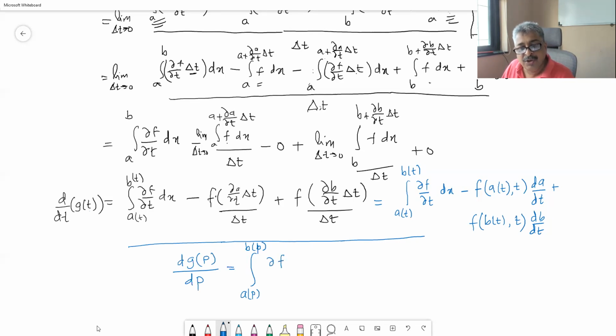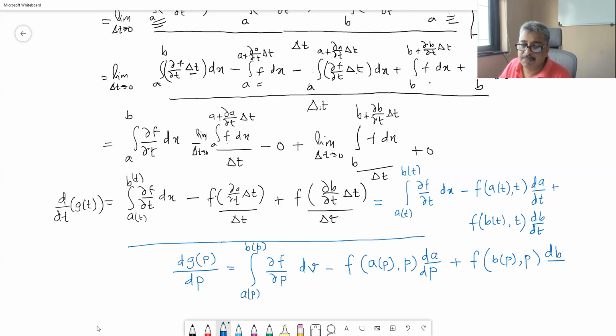of del f. Whatever function is given to you, differentiate with respect to the parameter and integrate with respect to the variable, minus the function that is given to you evaluated at a of parameter, where a of parameter is your x value in that function, and the parameter, times the differentiation of a with respect to the parameter, plus f of b of parameter comma parameter times db upon d parameter.